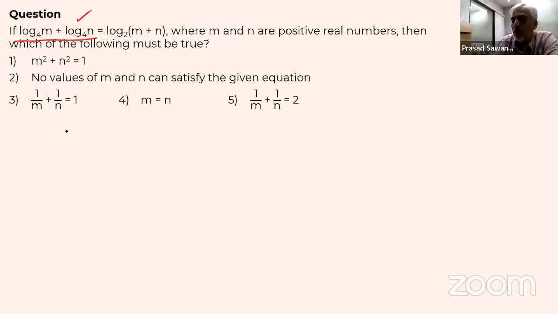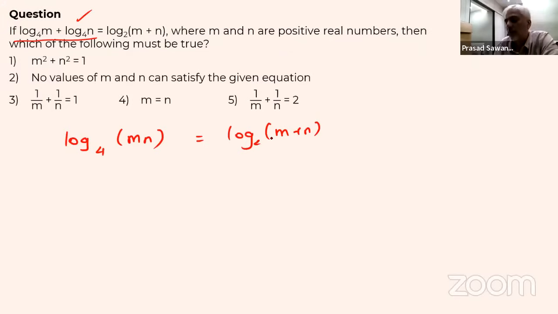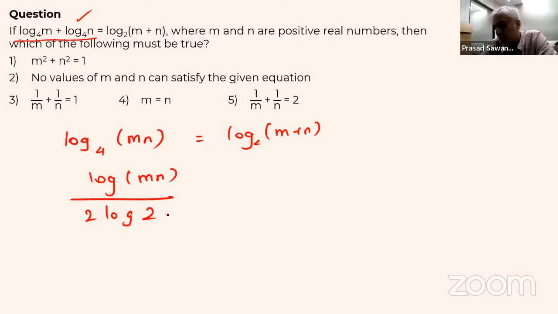Left side can become what? According to the property, it can become log mn to the base 4, while this will become log m plus n to the base 2. So I can write this as log mn upon log 4, which is nothing but 2 log 2. Right?